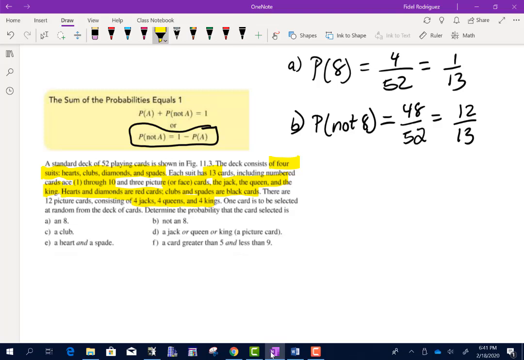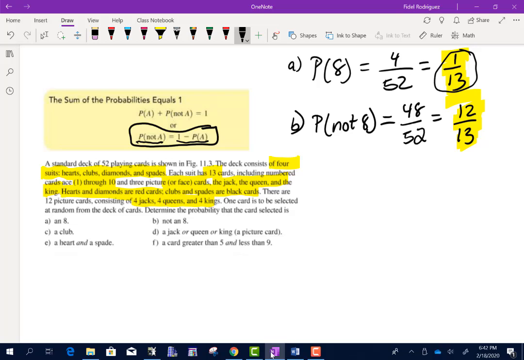Okay. Now, before I go on, I want you to look at these two numbers here. So look what it says here. It says the probability that something is not going to happen is going to be equal to 1 minus the probability that it does. So if I look at, say, this one here, out of the 13 cards, one of them would be an 8, right?